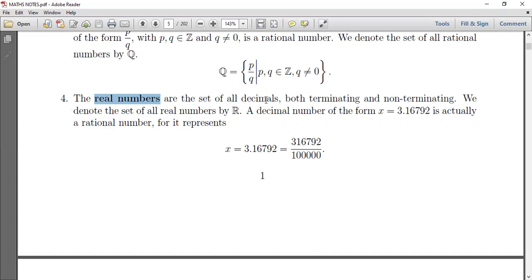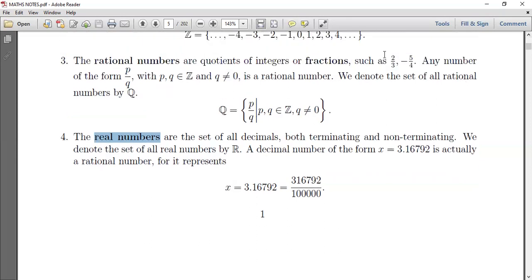Another important thing that you should know is that rational numbers, the ones that we discussed above, can also be expressed in another form, which is called the decimal form. When rational numbers are expressed in decimal form, for example, we can have 2 over 3.